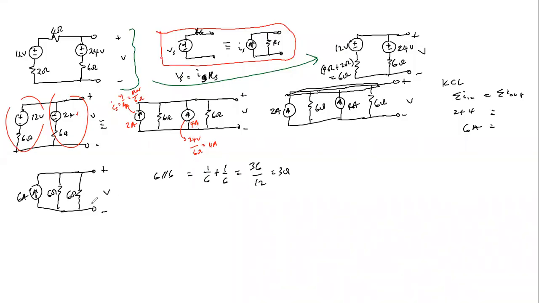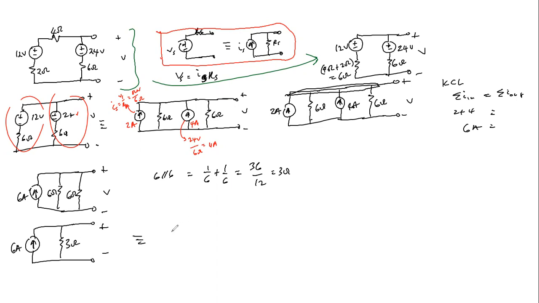Okay, so now we can draw a circuit: 6 ampere, in parallel with 3 ohms, plus minus V.